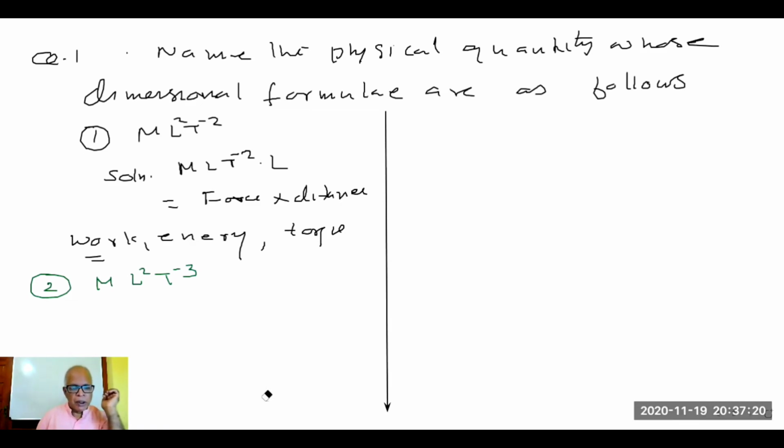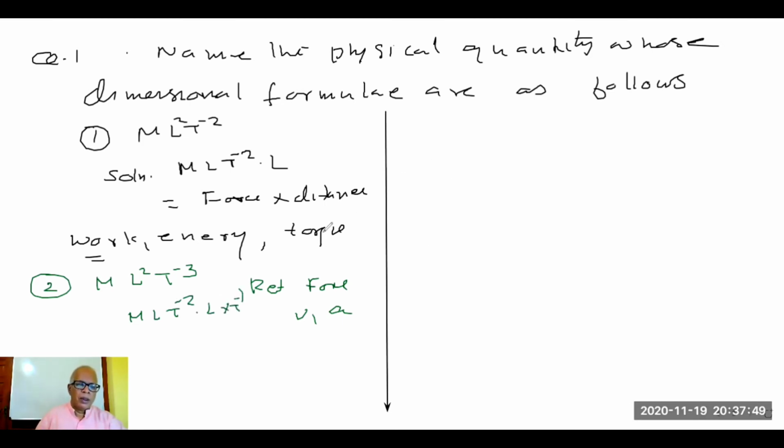When you solve this kind of problem, take the reference dimension as force, velocity, or acceleration. From here you can calculate most dimensions. In this case, MLT minus 3 is equal to MLT minus 2 into L T minus 1.